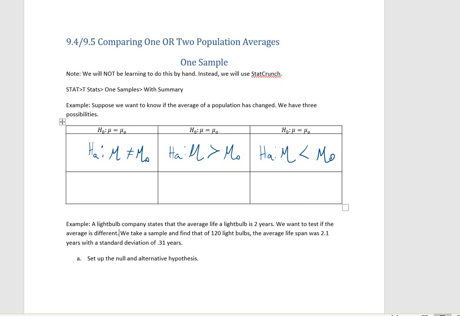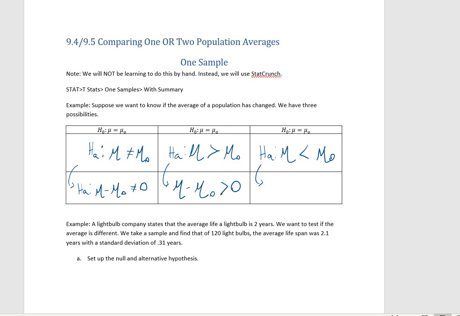Now, these have alternative ways of writing them. A different way of writing this is you can say instead that the difference between the two is not equal to 0. For this one, you could say that mu minus mu naught is greater than 0.